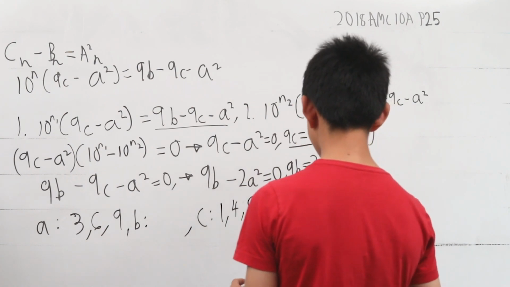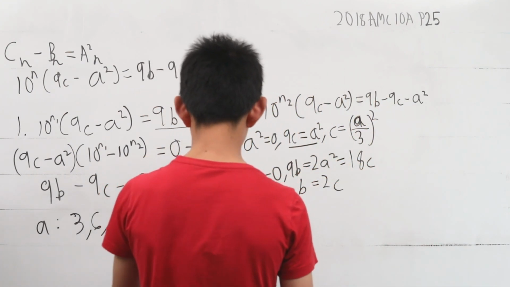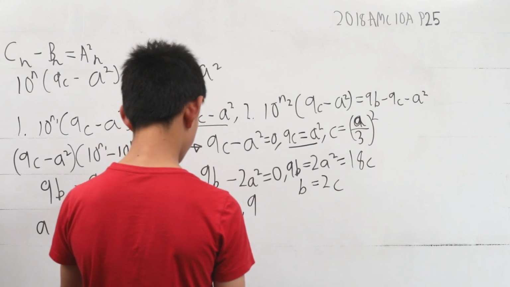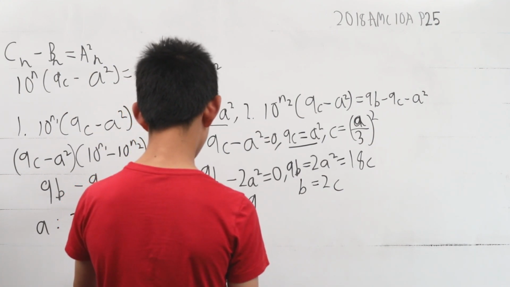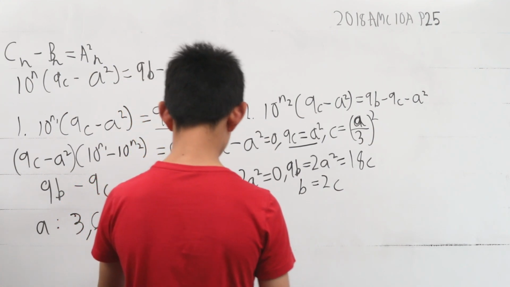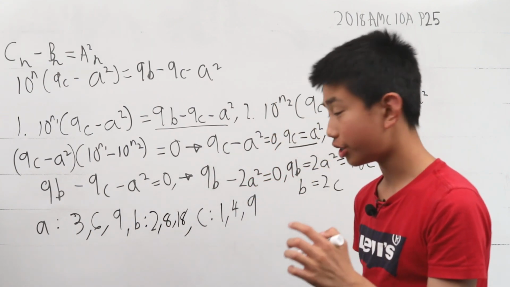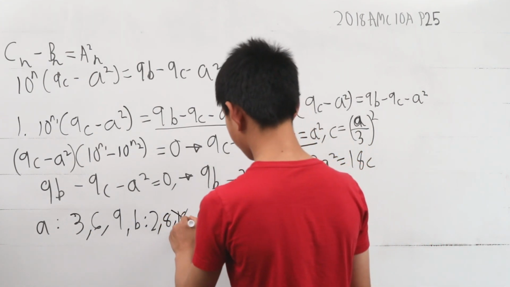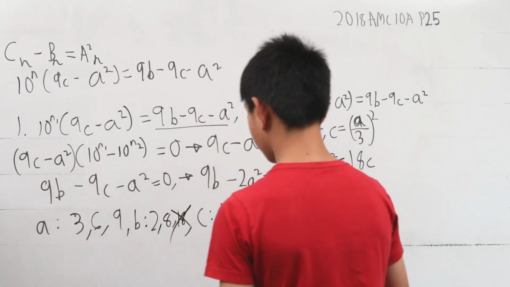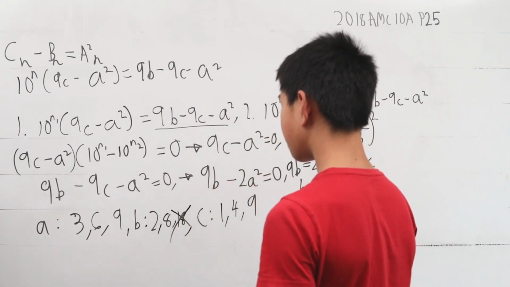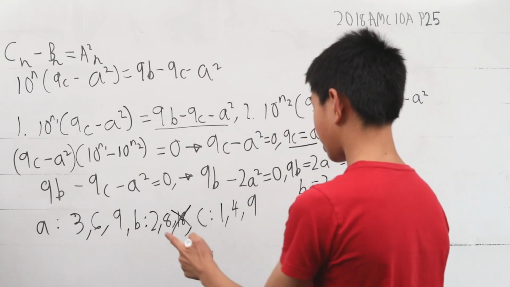And look at b. b is 2c. It takes values of 2, 8, and 18. But since they're digits, we know that 18's impossible. But we basically want the greatest sums of a's, b's, and c's.